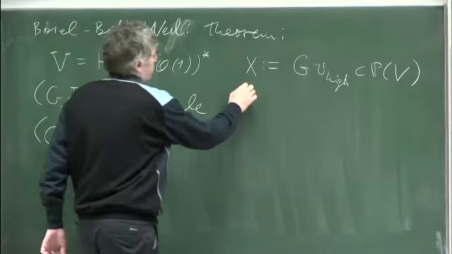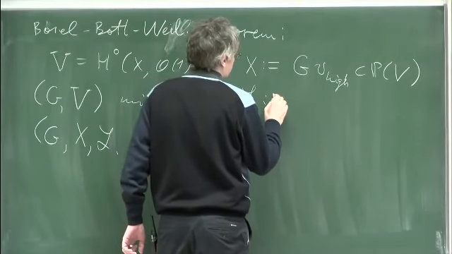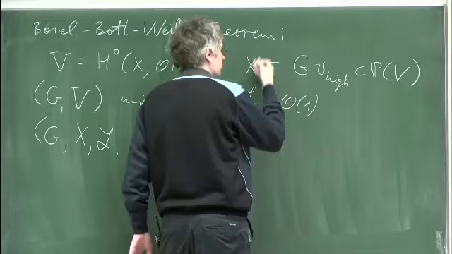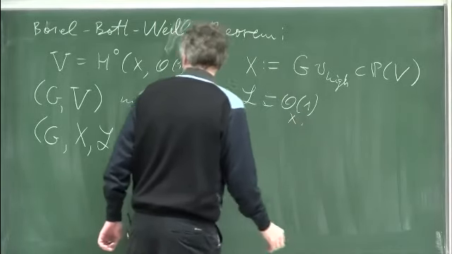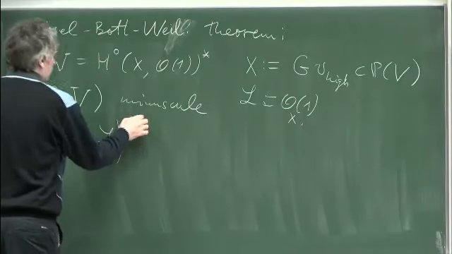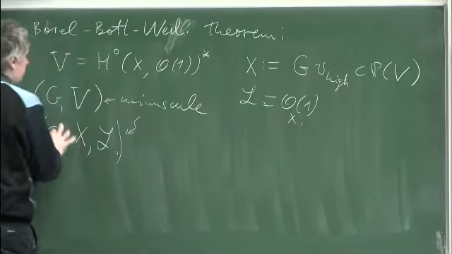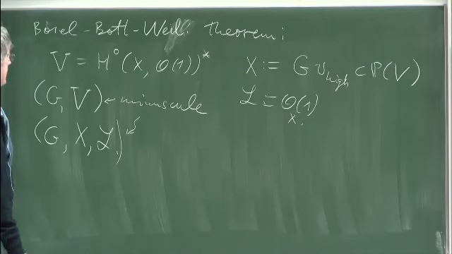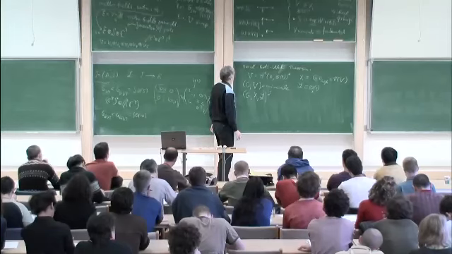In this case, the line bundle is just the restriction of O(1) on the projective space. We just restrict it to X. So this is the minuscule variety, and this is the minuscule representation. So we should take into account the group and the line bundle, not just the variety itself. Okay.